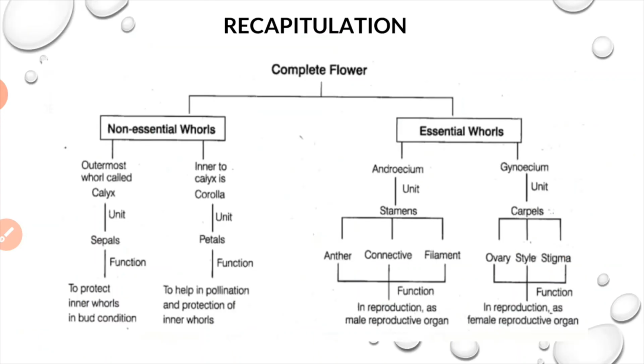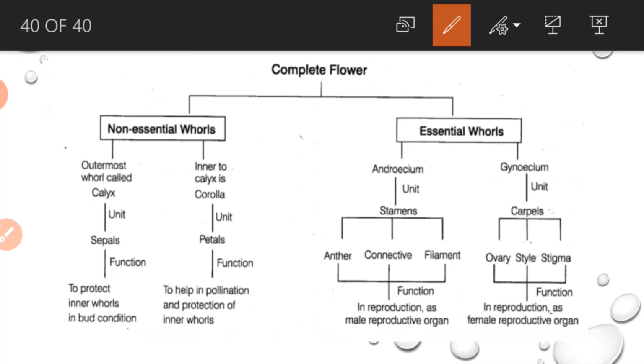So this completes flower. Now recapitulation. Flower is a modified shoot meant for reproduction. Complete flower consists of essential and non-essential whorls. Non-essential whorls are the calyx and corolla. Outermost whorl is known as calyx.